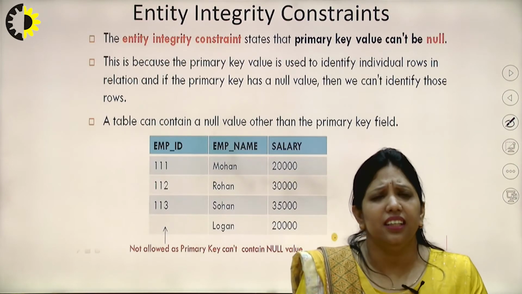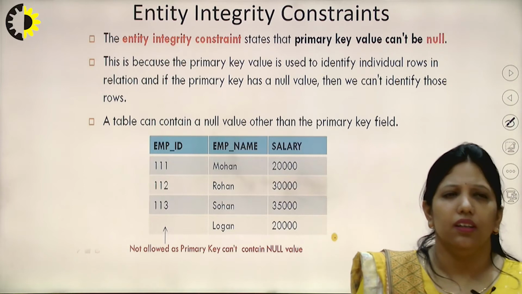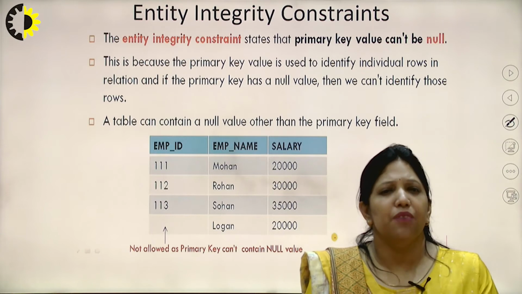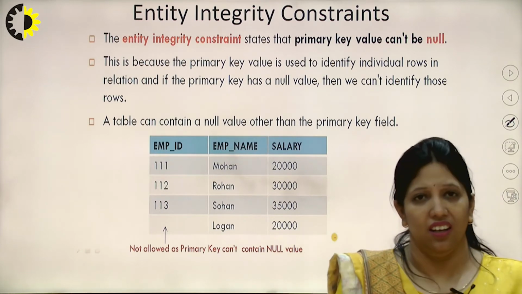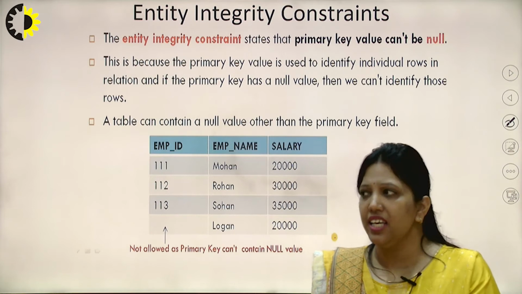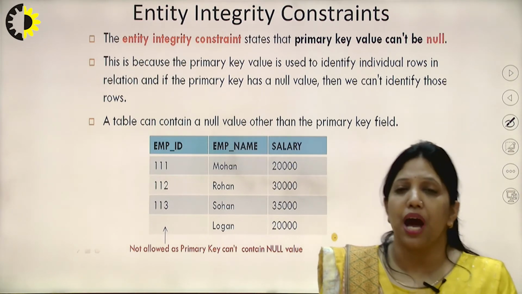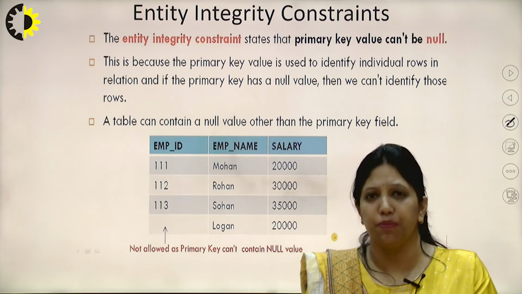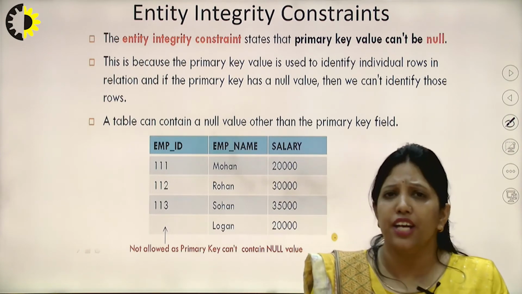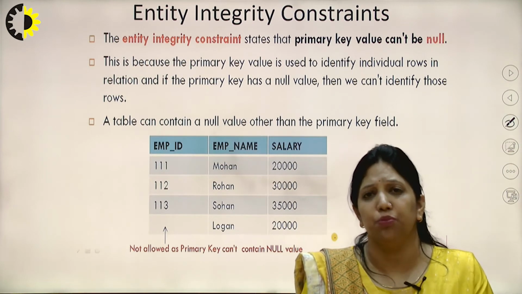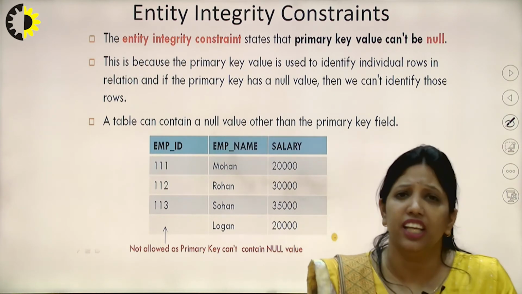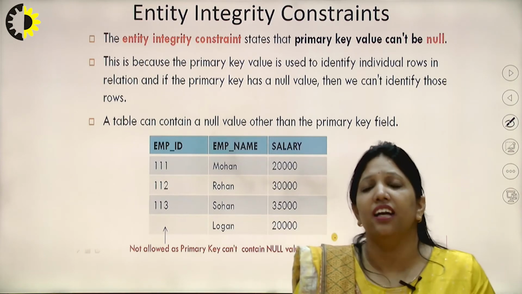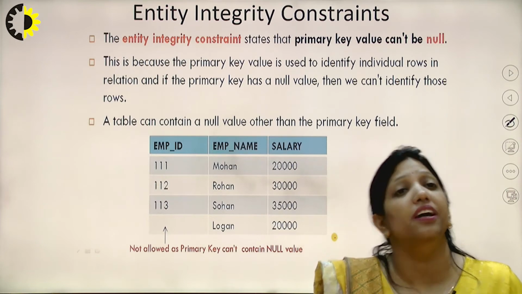Then we have the entity integrity constraint. As the name implies, the entity integrity constraint states that primary key values cannot be null. If any key is decided as a primary key, it can never take null values, because the primary key uniquely identifies our database. If a value in the primary key attribute is null, how do we uniquely identify the row?